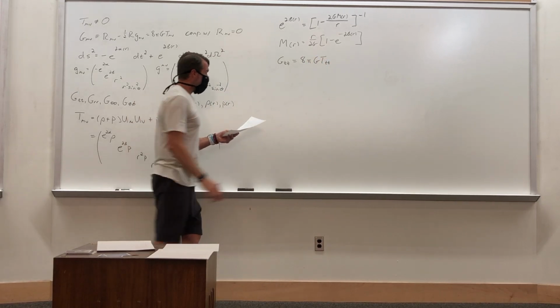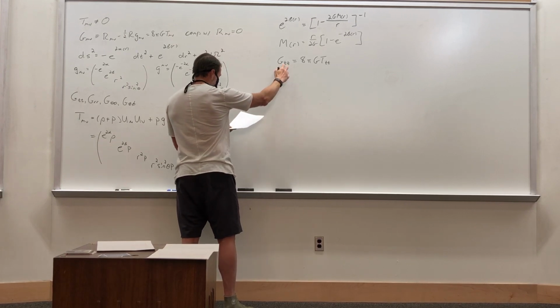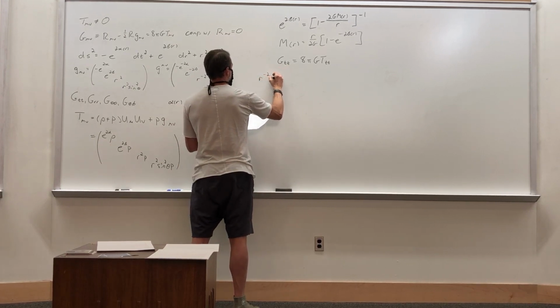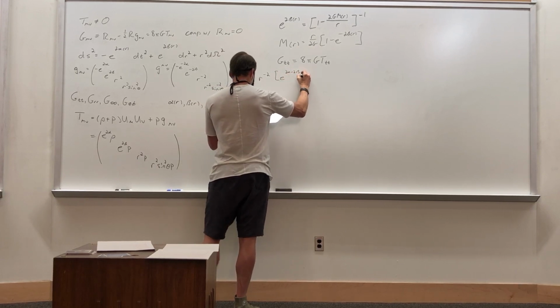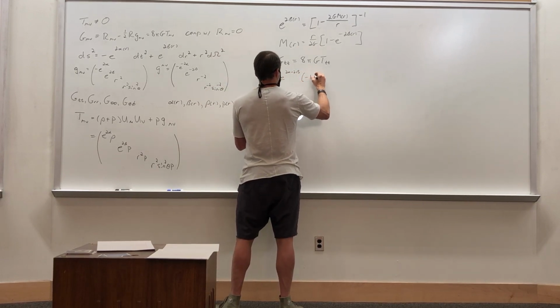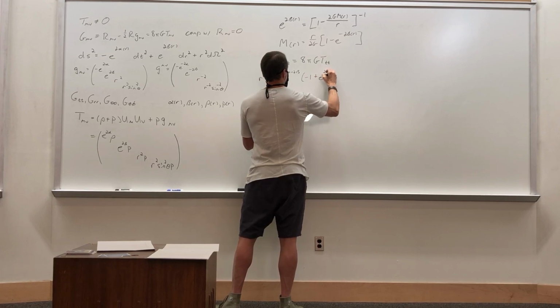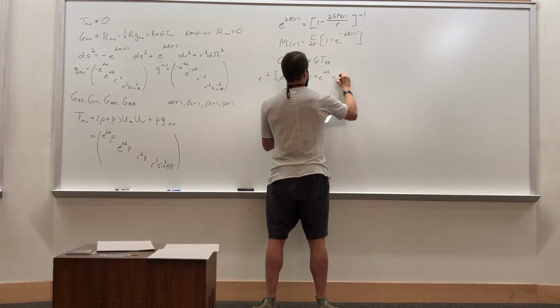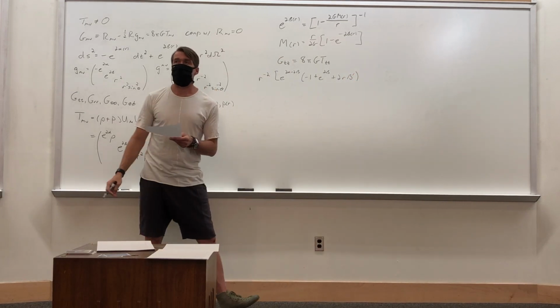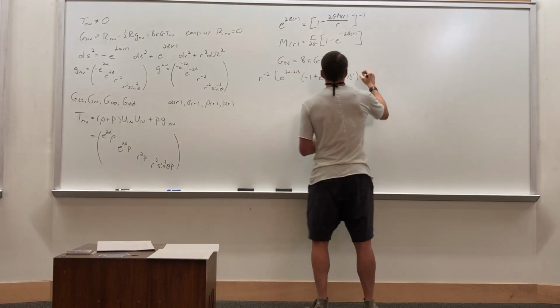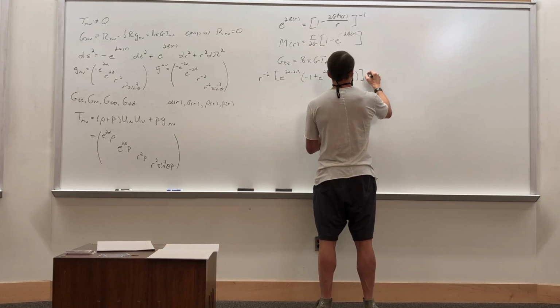The Einstein tensor has the following component: r to the minus 2, e to the 2 alpha minus 2 beta, times minus 1 plus e to the 2 beta plus 2 r beta prime, where prime, anywhere I write it, just means derivative with respect to r, because r is the only thing anything depends on.